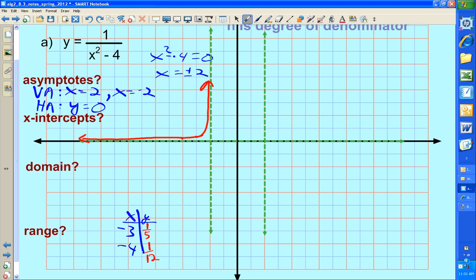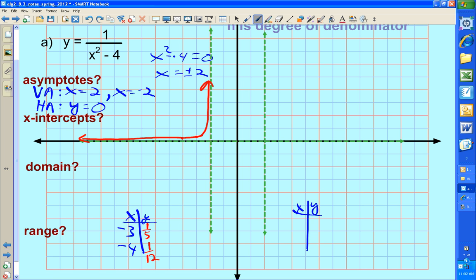Everybody with me so far? The more of these you do, the better you'll get at understanding what to expect. For these types of functions, expect a certain amount of symmetry. Okay, mirror imaging. So I'm going to skip the middle, and we're going to come over to the region on the right. And we're going to make a T-chart for the region on the right.